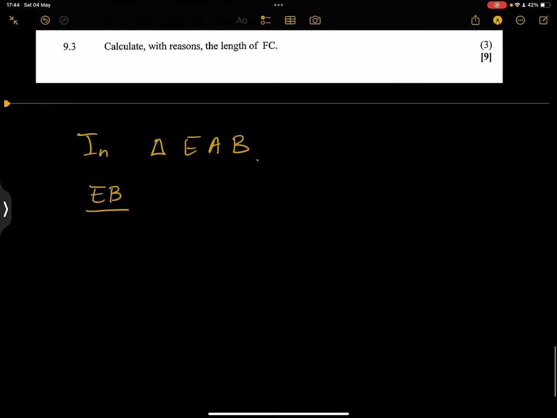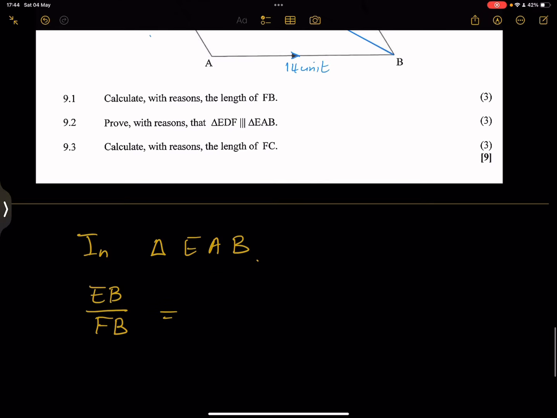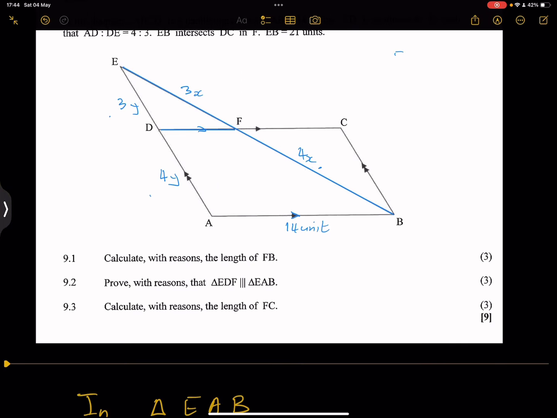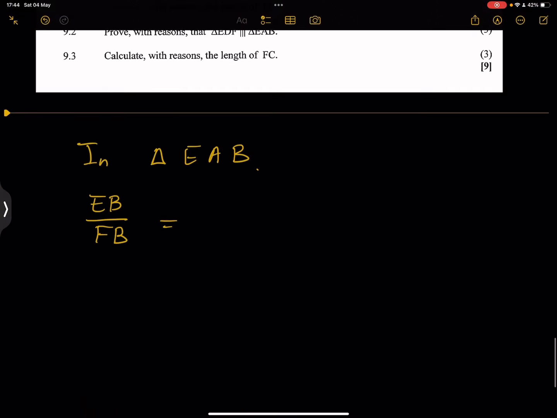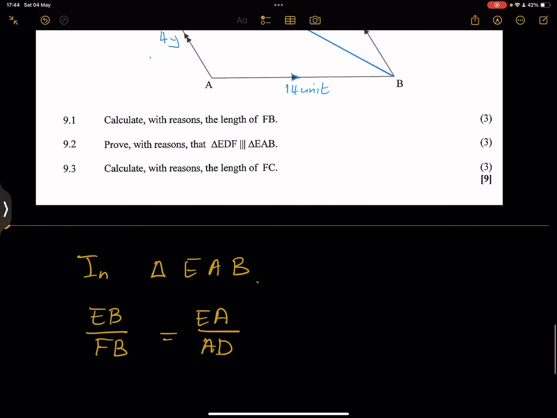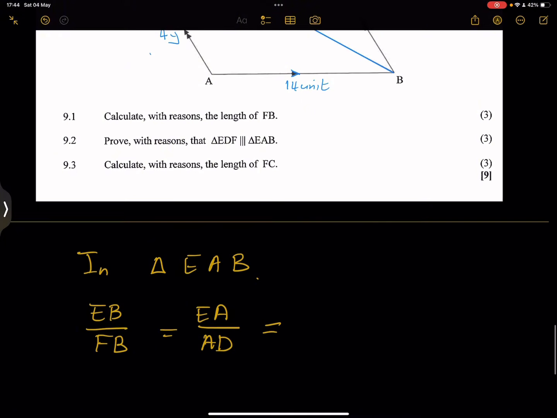This would be equal to, I took the entire length of EB, so this would be the same as EA over AD. So that's EA over AD. Now note, what does EA over AD give me? EA, and by the way, we need to state the reason there.